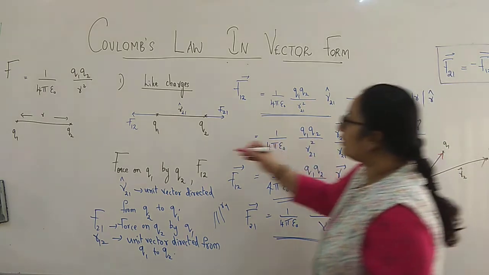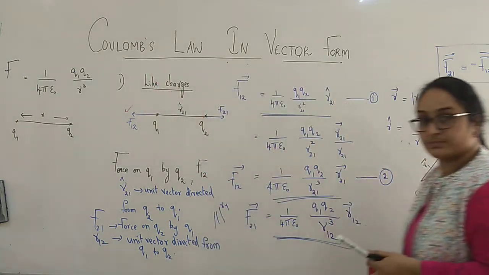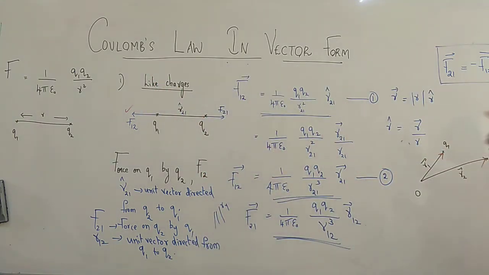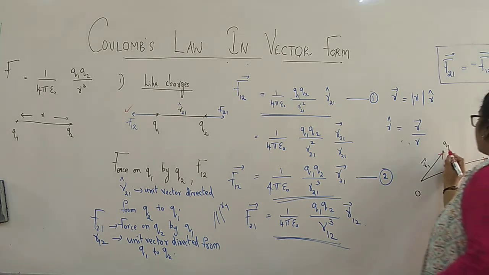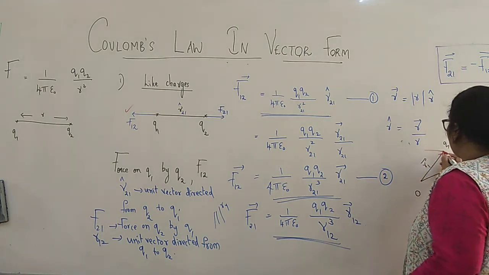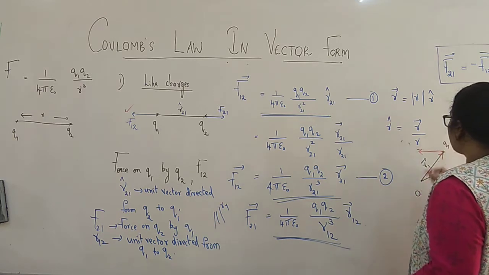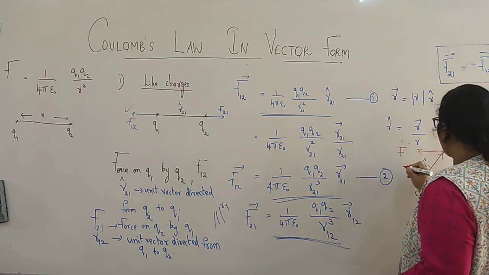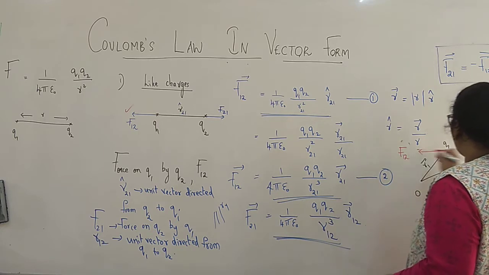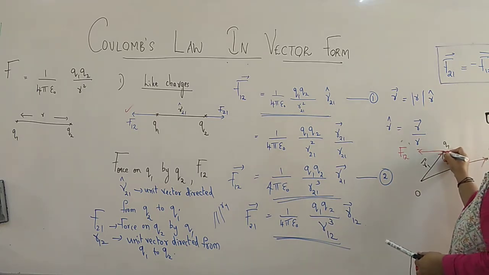So let us draw for the case F12. If you notice, it is the force on Q1 by Q2, so it is directed in this direction. Force on Q1 by Q2, and it is along the line joining the charges.